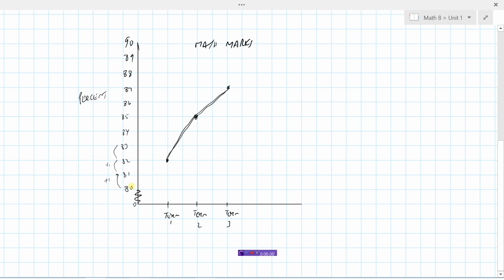So I can't just go 80 and then 81 and then 85 and then 87 and then 96. Once I start going up by a certain number each time, I have to continue to go up by the same amount. I can only do this little chop here, chop the axis off initially. Once I start going up, we can't chop the axis off anymore. So there's how we can misrepresent using a line graph.